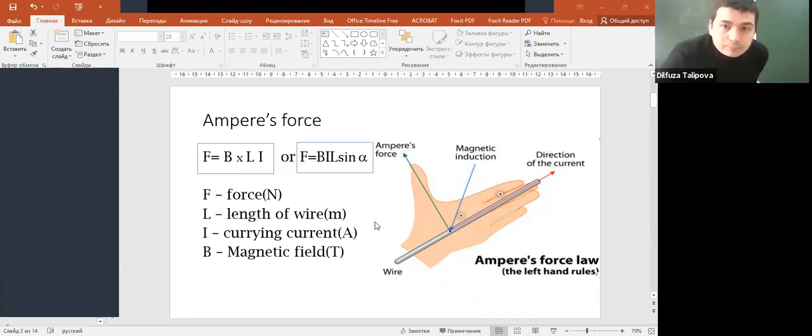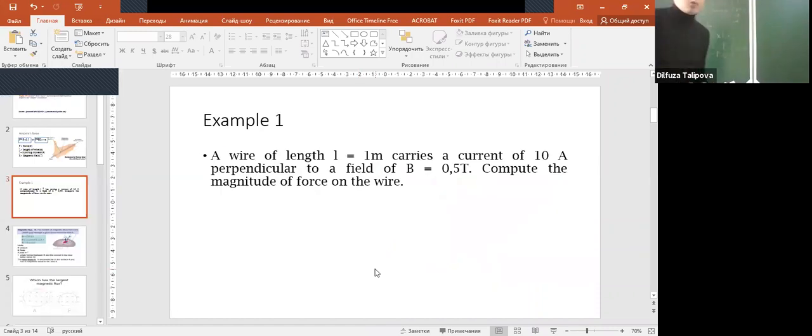So for example, example number 1. A wire of length L equal to 1 meter carries a current of 10 amps perpendicular to the field of B equal to 0.5 Tesla. Compute the magnitude of force on the wire.